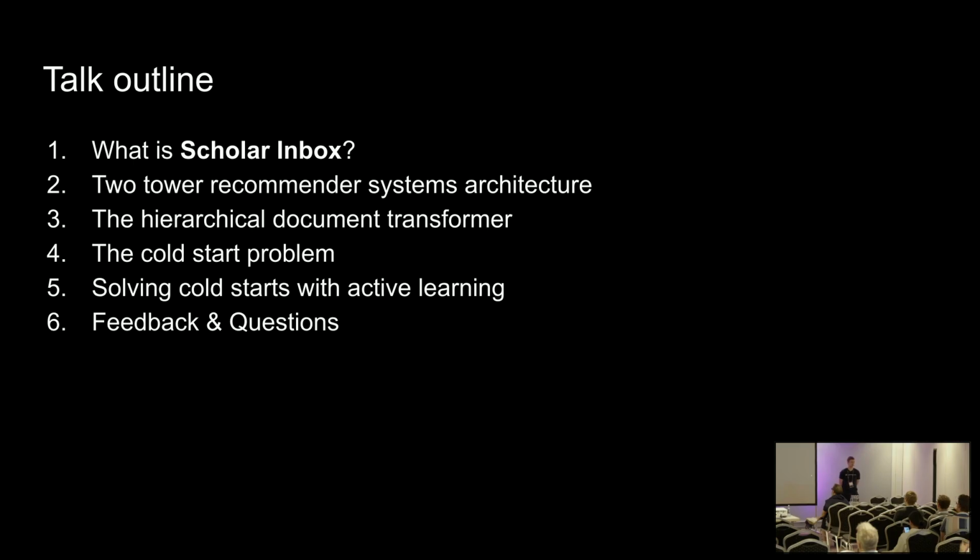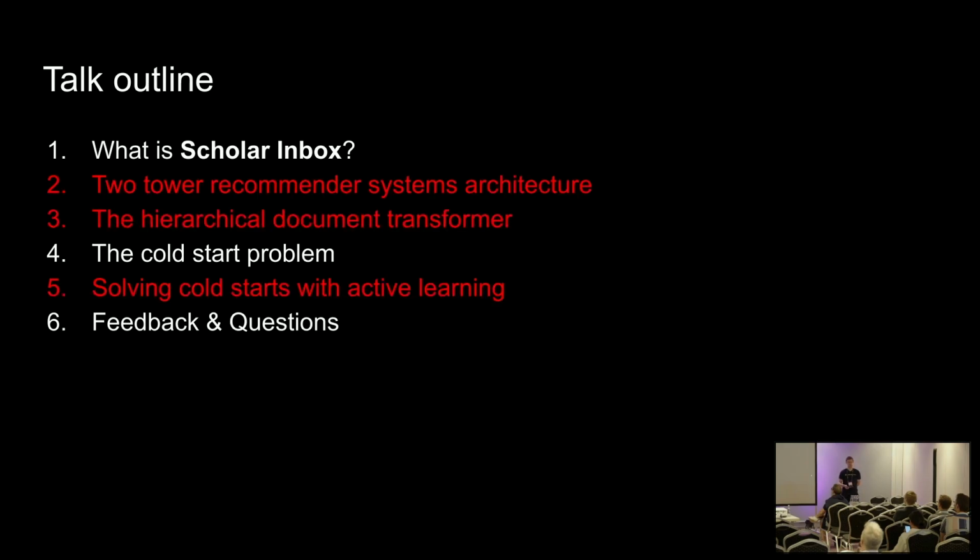I will introduce the hierarchical document transformer, which is a work that has been done in our lab to increase the efficiency of our recommender, and introduce the cold start problem to you. Then I will talk about how we solved that with active learning. Yes, that's the outline. So these 3 parts are the technical parts, and the other parts are softer. You will see what I mean with that.